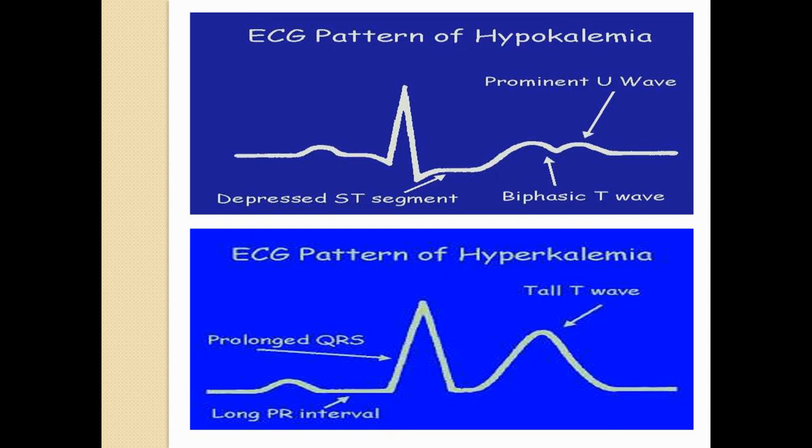In hyperkalemia, you can see a prolonged QRS, a long PR interval, and tall T waves. This is the most important thing, because they are more prone to cardiac arrest. Potassium plays a vital role in cardiac arrest, which is why we are correlating the ECG.